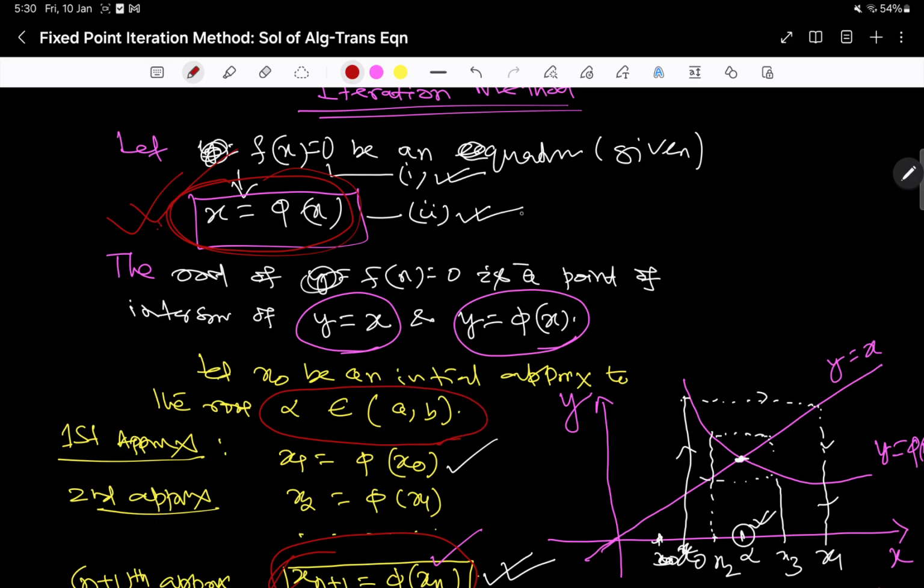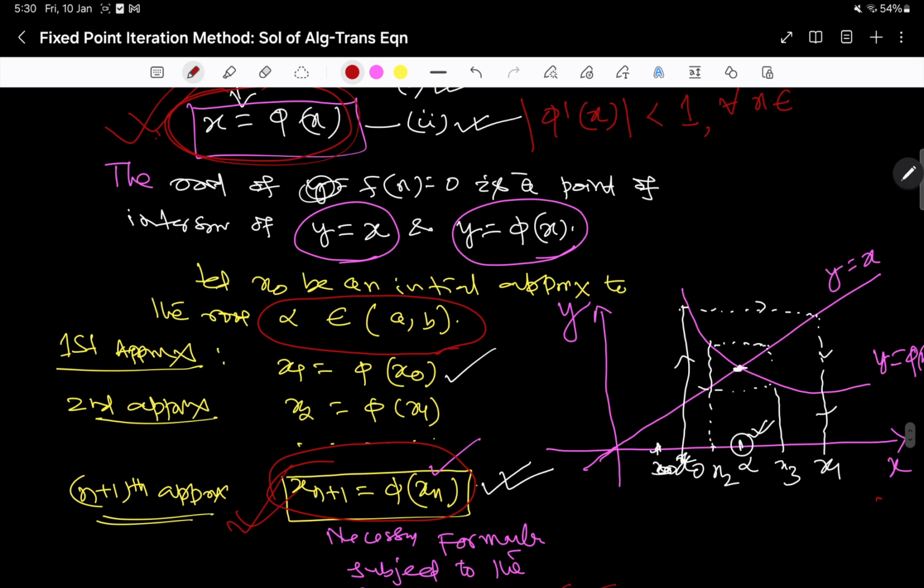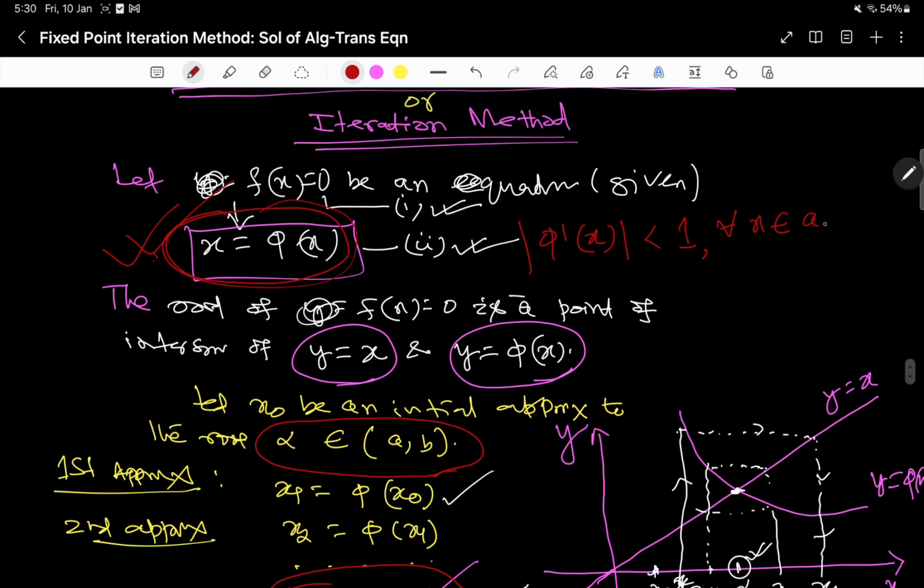So the convergence condition here is, we write x = phi(x), that the modulus of phi'(x) should be less than 1 for all x in this interval AB where the initial root lies. This is the convergence condition.